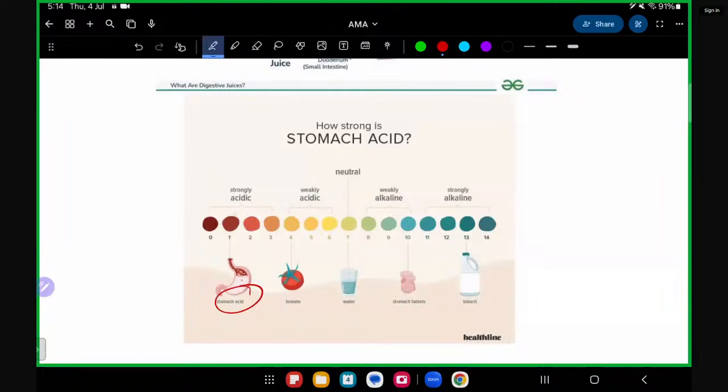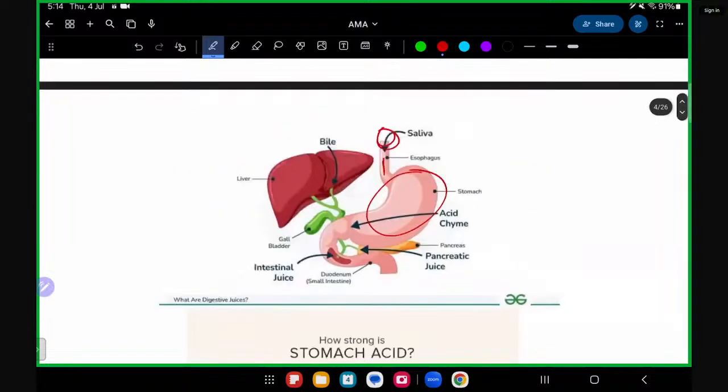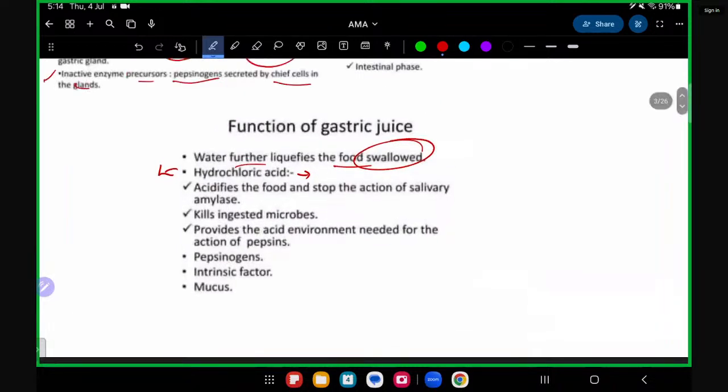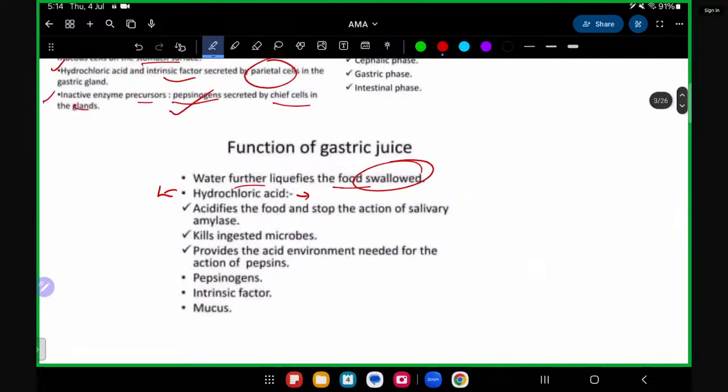The pH ranges from 1 to 2, which is strongly acidic in nature. So the hydrochloric acid provides a pH of 1 to 2, an acidic medium where the inactive enzyme precursor pepsinogen is getting converted to pepsin.